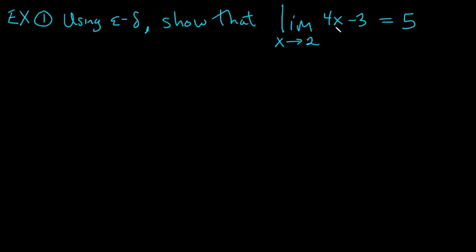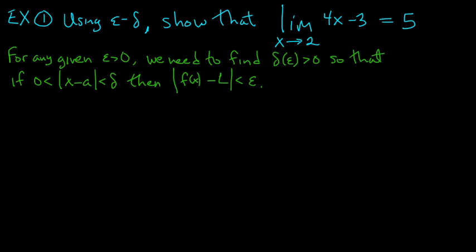So computing the limit is, by now, the easy part. Proving that this is the limit is going to be the hard part. This is where we're going to have to use these epsilons and deltas. So here's our goal.